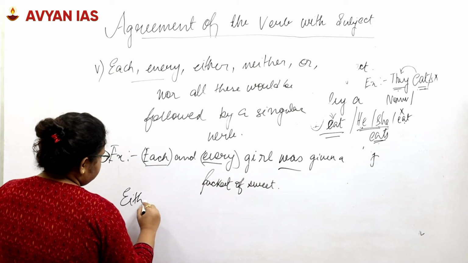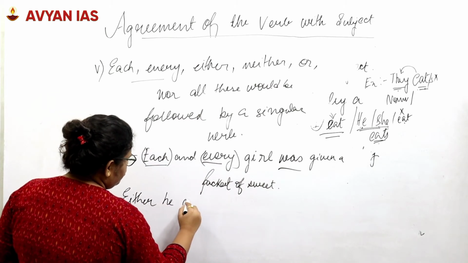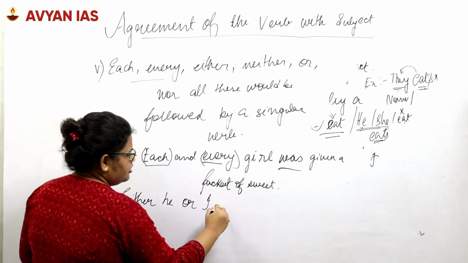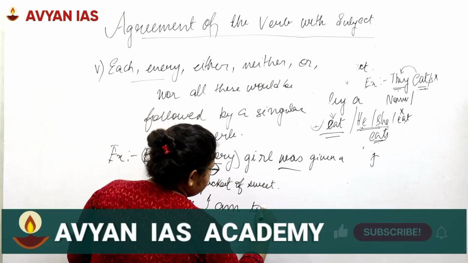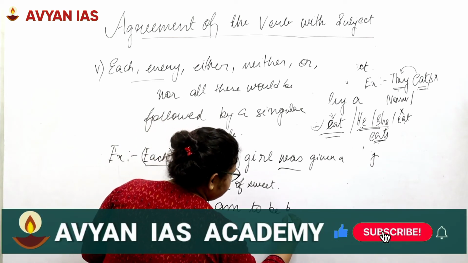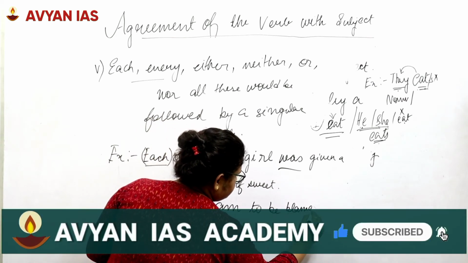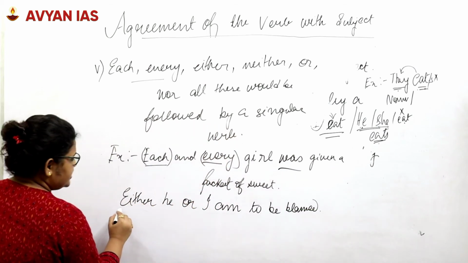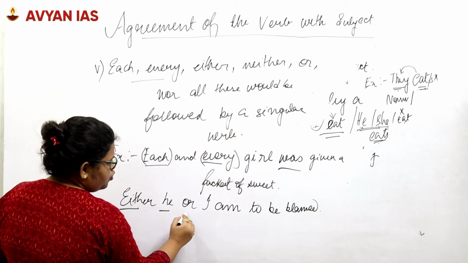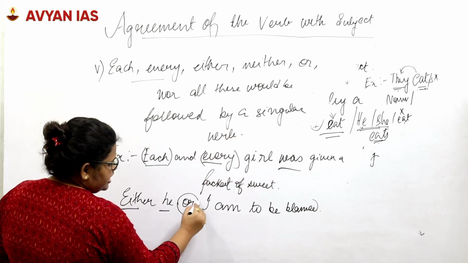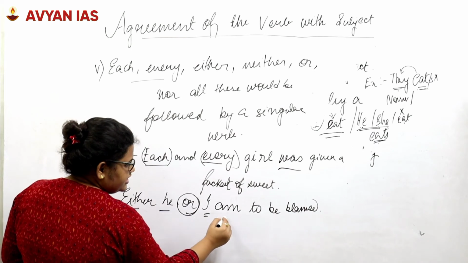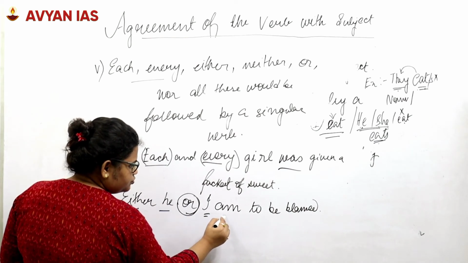Either he or I am to be blamed, right? So it's either one person or this person, am to be blamed or is to be blamed.